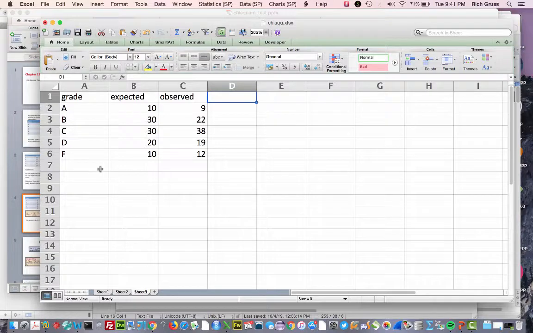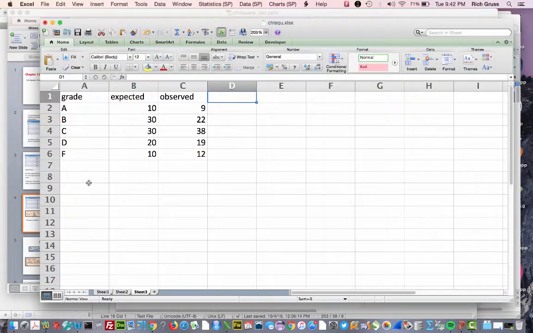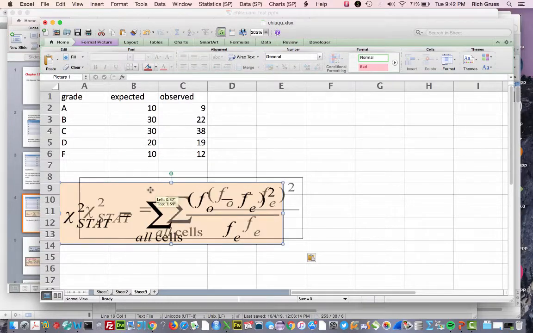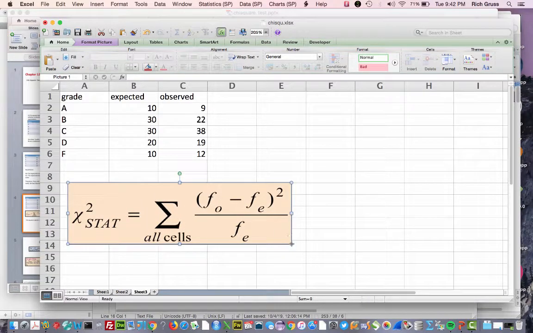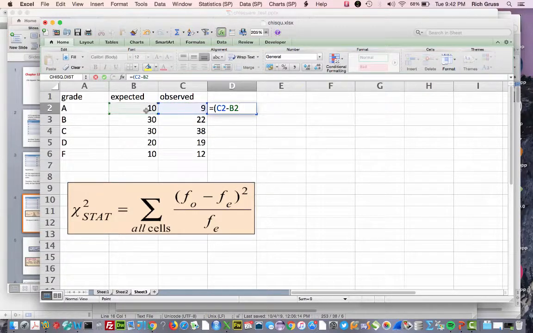They know how to calculate things on the spreadsheet, going piece by piece. A lot of times I have them do this along with me so that they can do it independently when the time comes. For each of these rows, I would put this figure: the observed minus the expected, squared, divided by the expected.